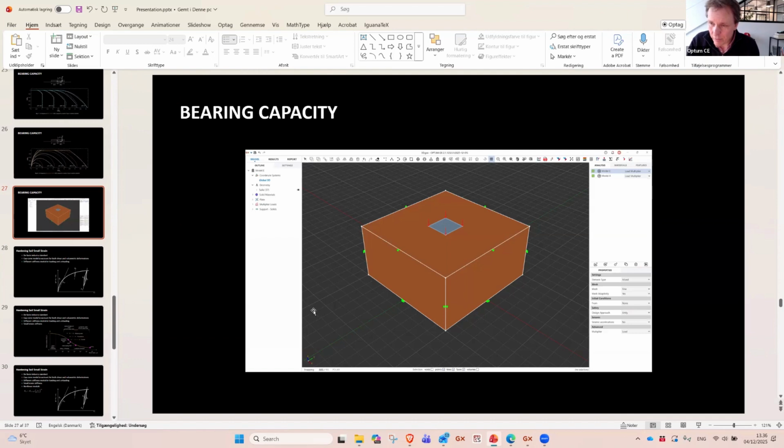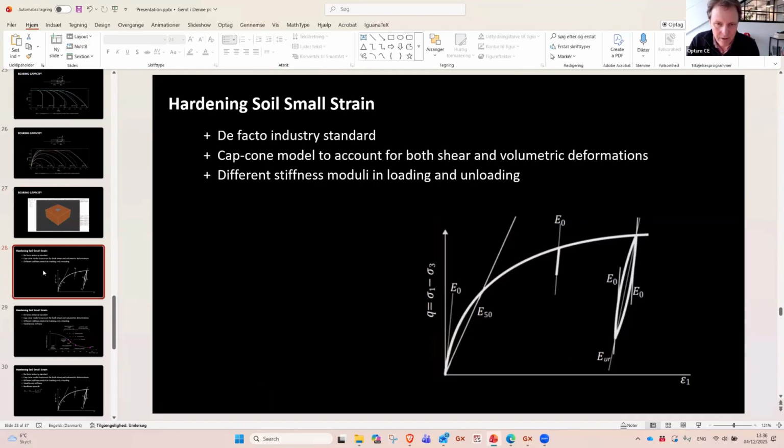And otherwise, if it's sand-like materials and you have drained conditions, then the recommended model is the hardening soil small strain model that we have now implemented. So this is a somewhat complex model, contains quite a few more parameters than Mohr-Coulomb, but the idea is it should also be more accurate.